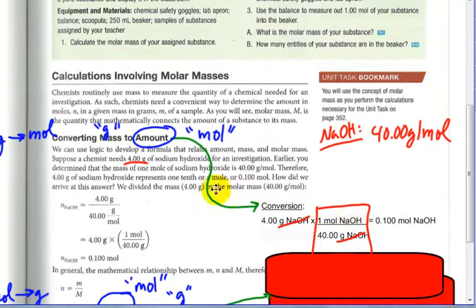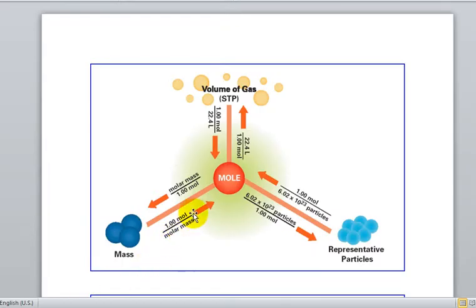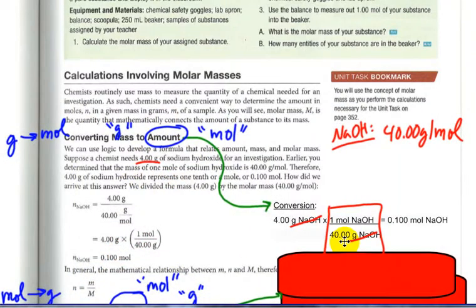What we're trying to determine, moles, will always be on top. Where you're coming from, grams, will go on the bottom. So cancel, cancel. 4 times 1 divided by 40, 0.100 moles of sodium hydroxide. So 1 mole over the mass, just like here. Okay?